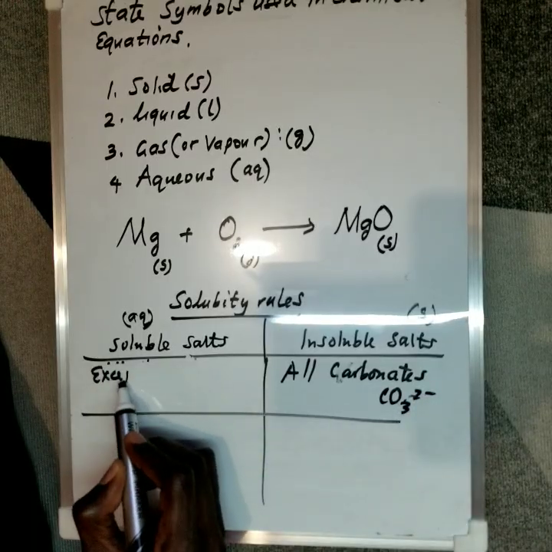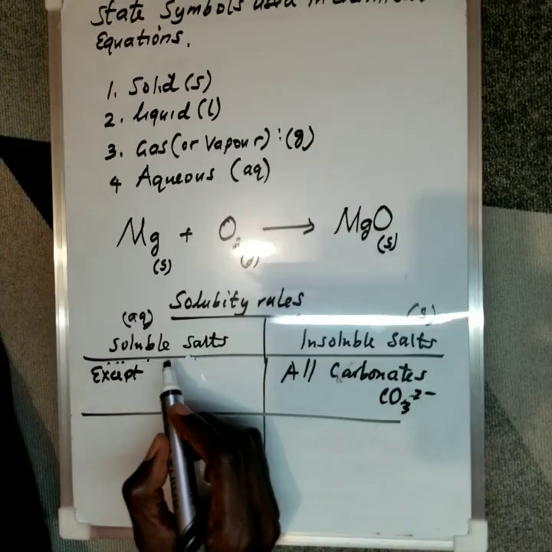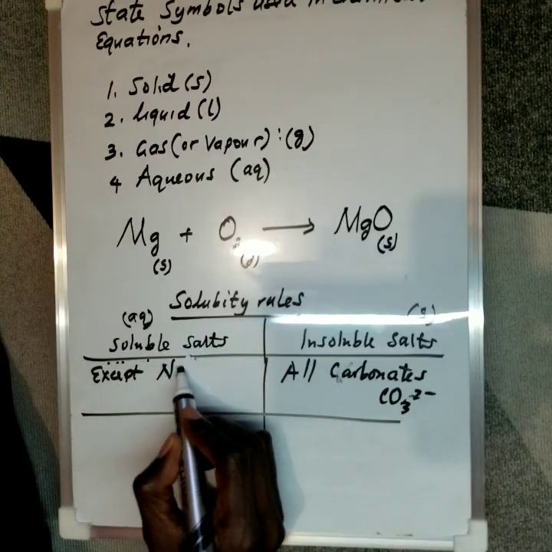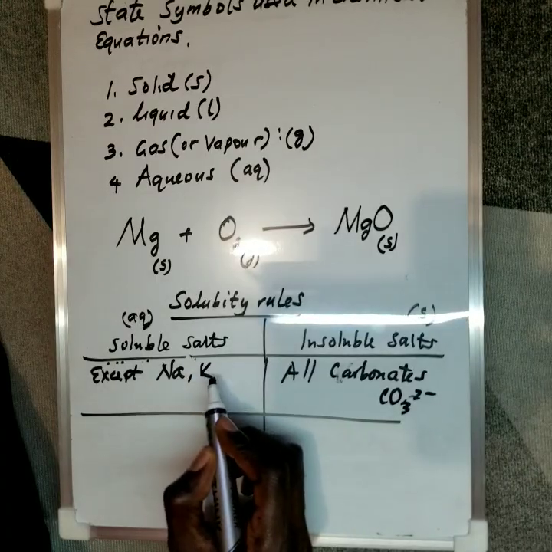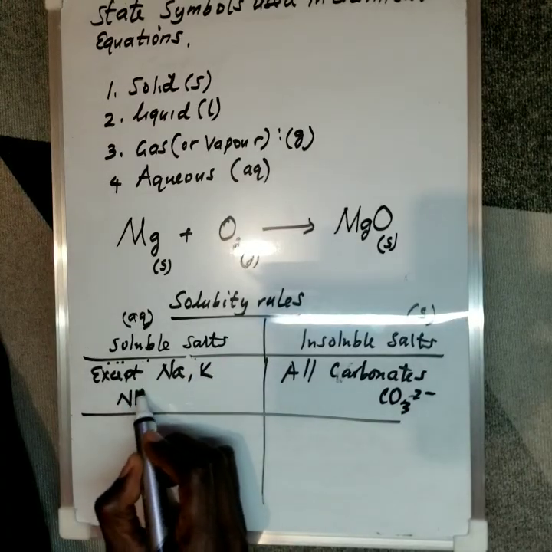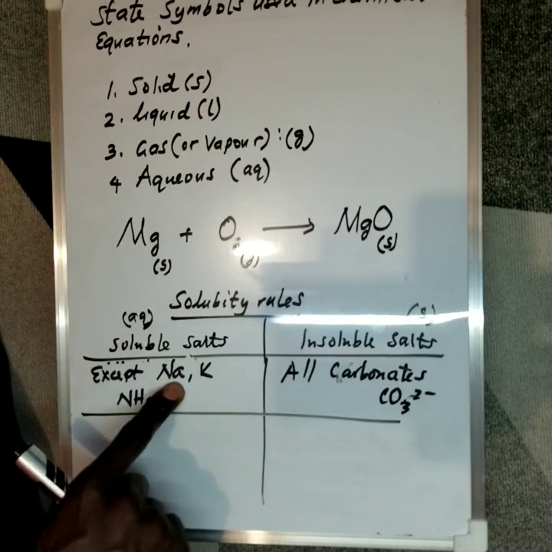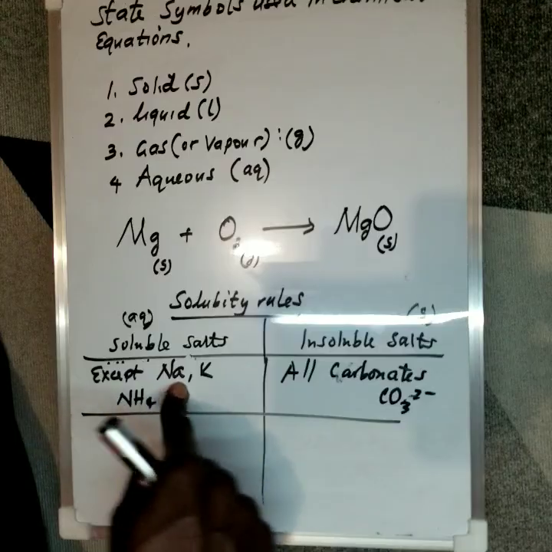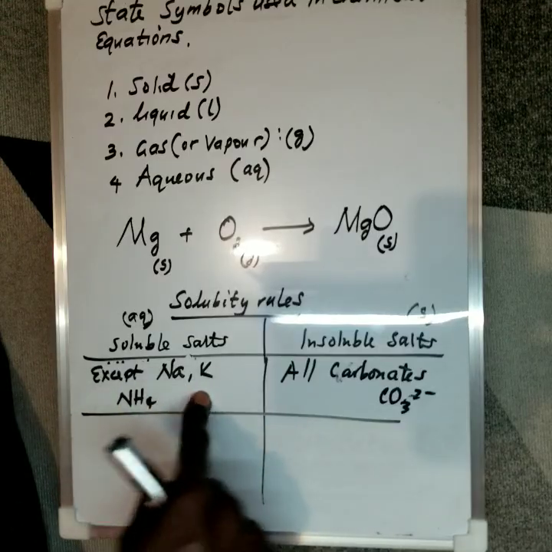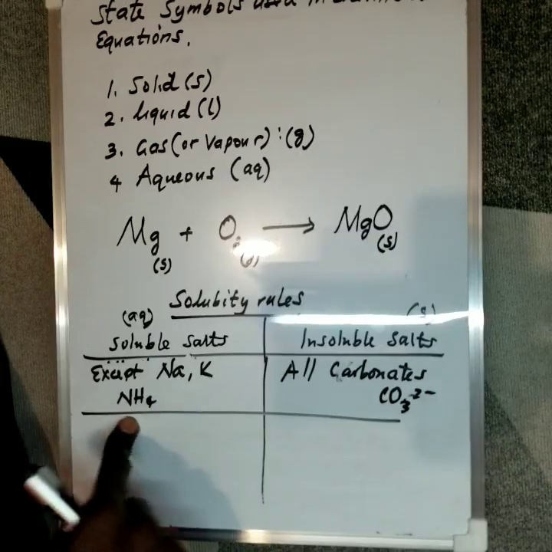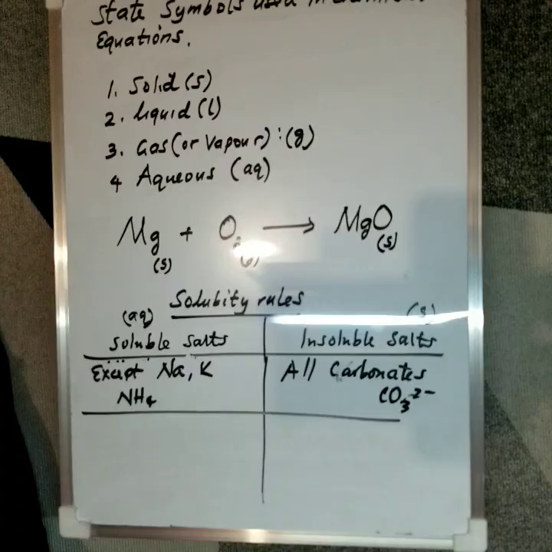The only exceptions are those that contain sodium, potassium, and ammonium ion. For example, you have sodium carbonate, potassium carbonate, and ammonium carbonate. So those are simply going to be soluble.